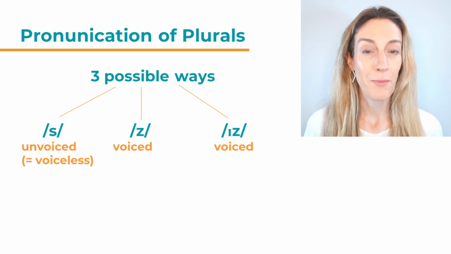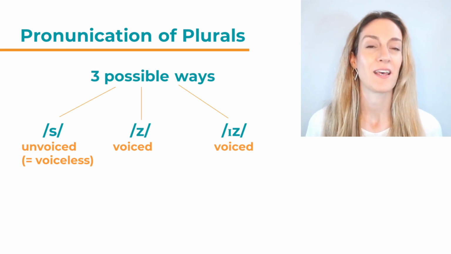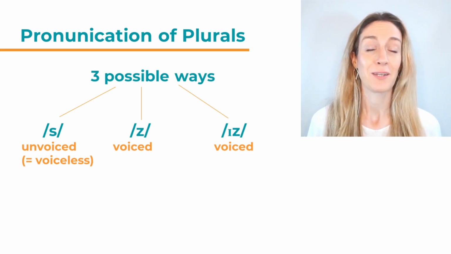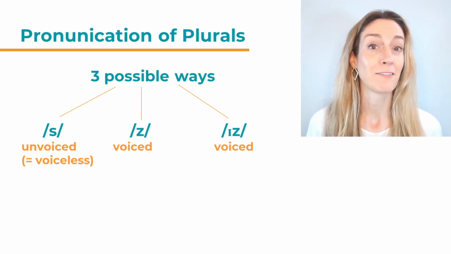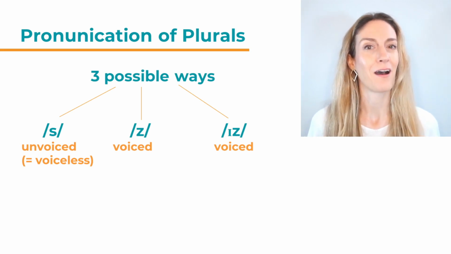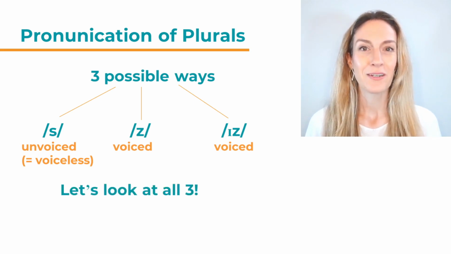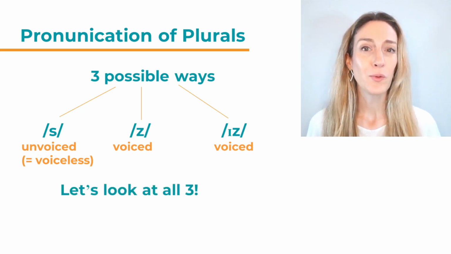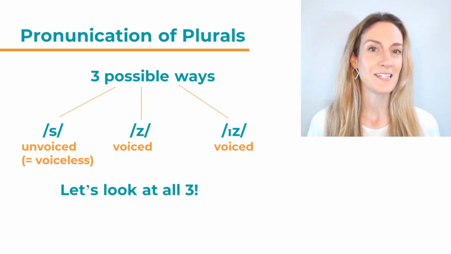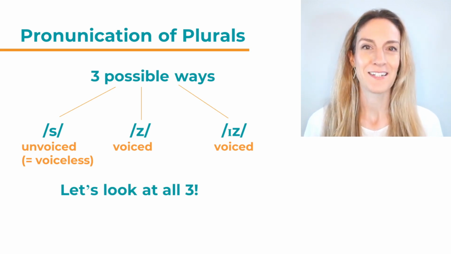And of course, remember, all vowel sounds are voiced in English and also in all other languages. That is a characteristic of vowel sounds. They are always all voiced. Okay, so we will have a look at all three endings in detail now. Let's get started.